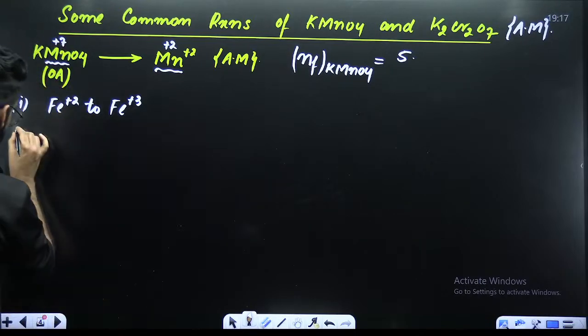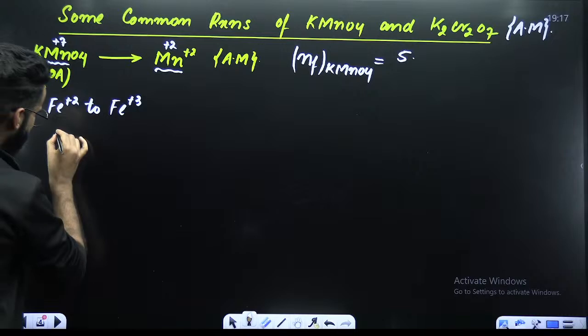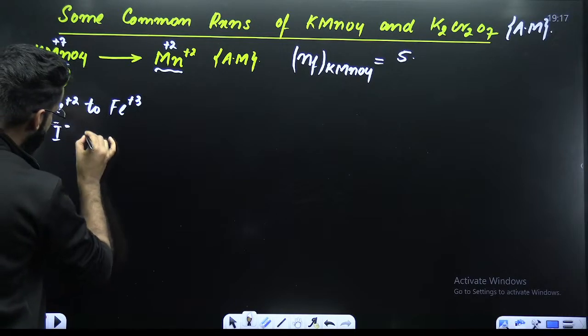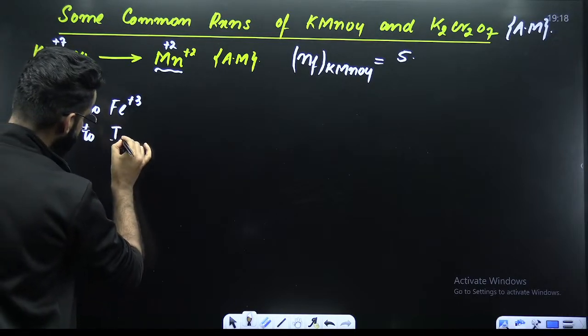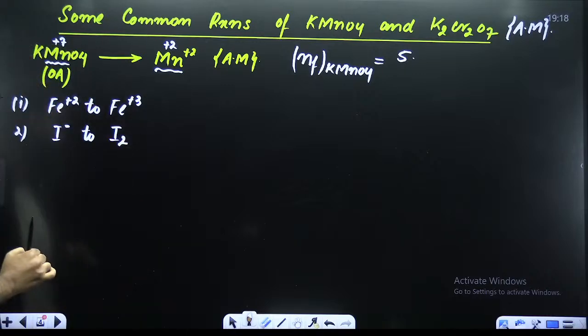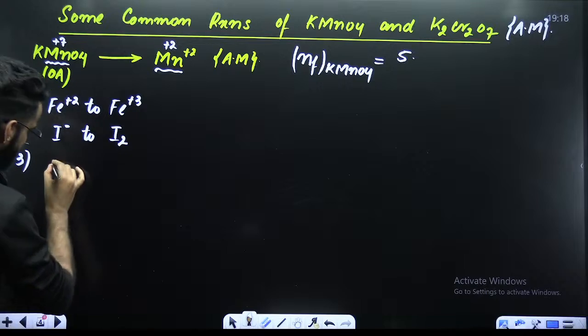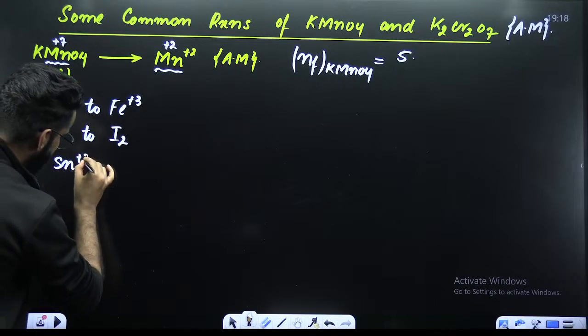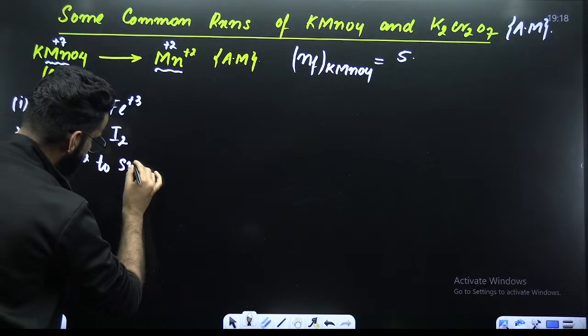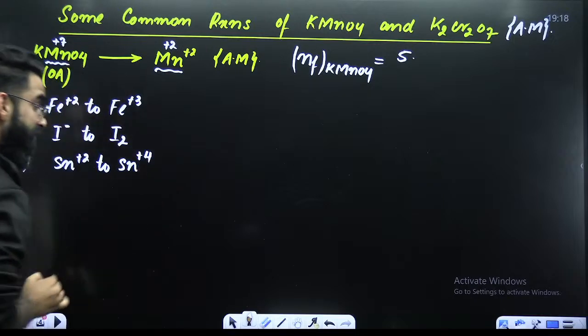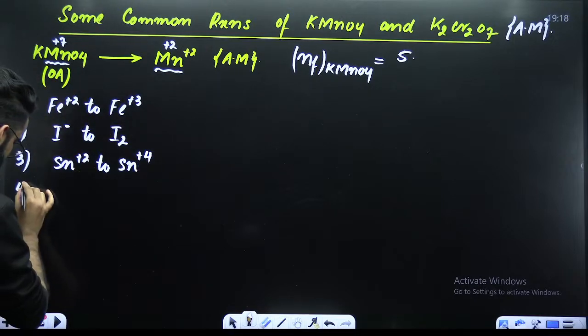Number two. The same KMnO4 converts I negative into I2, in acidic medium. The same KMnO4 converts Sn di-positive into Sn plus 4, again in acidic medium.